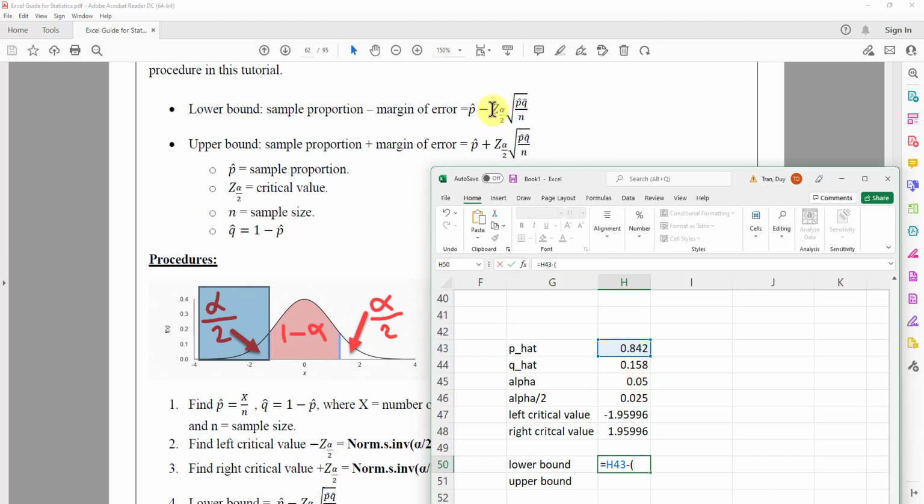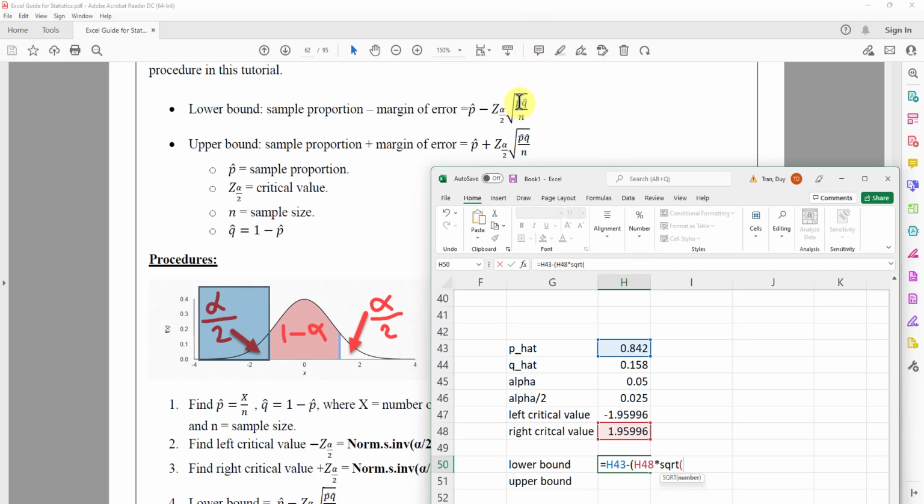So z alpha over 2, this is my critical value. Because I already put the minus outside, that should be just the z alpha over 2 or 1.95. And then I multiply with the square root. So I use the function sqrt. This is the square root function.